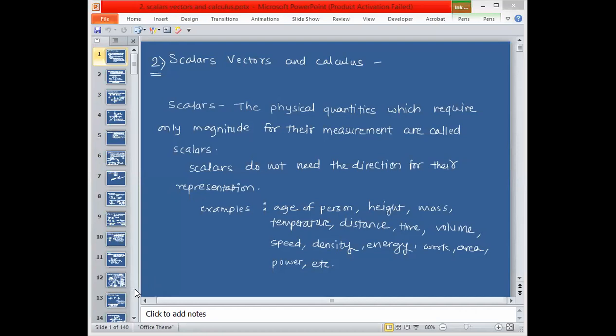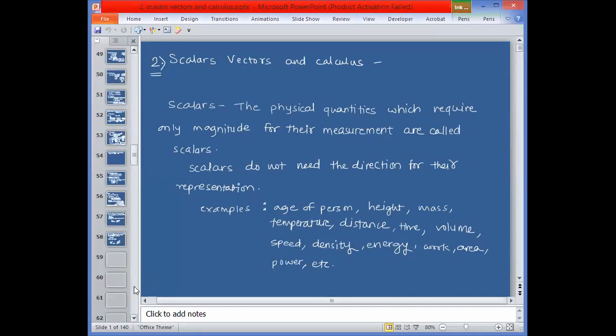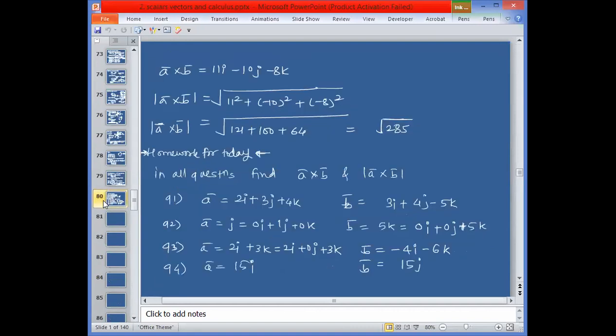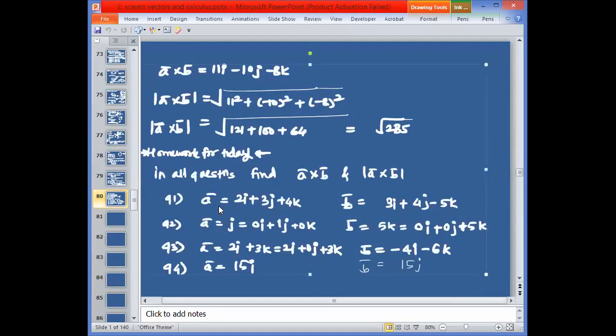In yesterday's lecture, I gave you some examples to try out. Hope all of you have tried it. These are the examples.